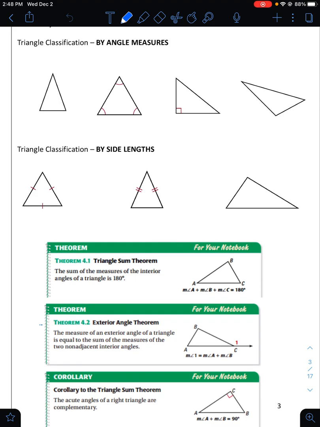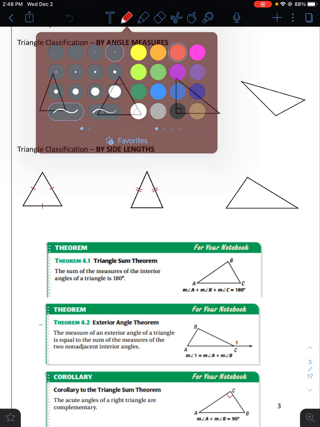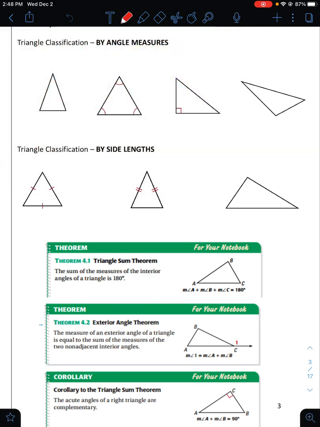So the first one, what I want to do actually is label across the top and define across the bottom. So this first one I'm going to label as acute. Let me just go ahead and label what the vocabulary word is, and then let's define it. So the first one we will call acute.